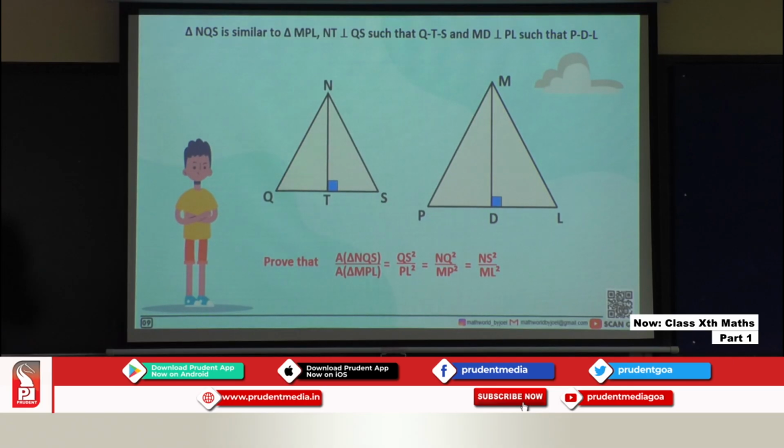Then if this condition is satisfied, this is given to us, you are supposed to prove that area of triangle NQS upon area of triangle MPL is equal to the square of their corresponding sides.